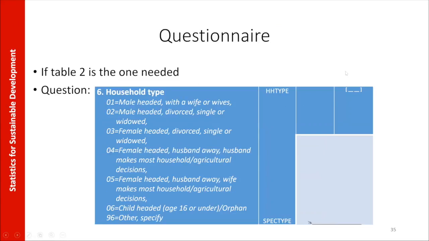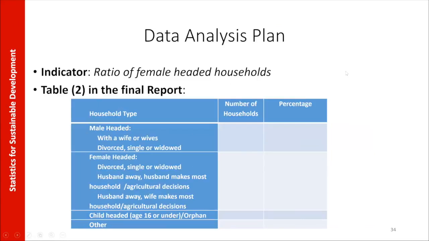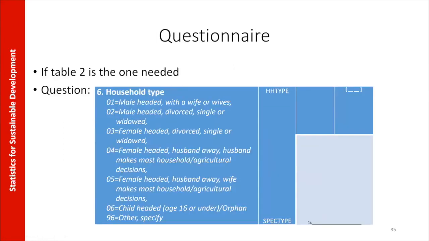Okay, so this is if we are expecting some sort of table like this one. The question related to the head of the household will be something like this here, in which we have all the possible categories well coded.